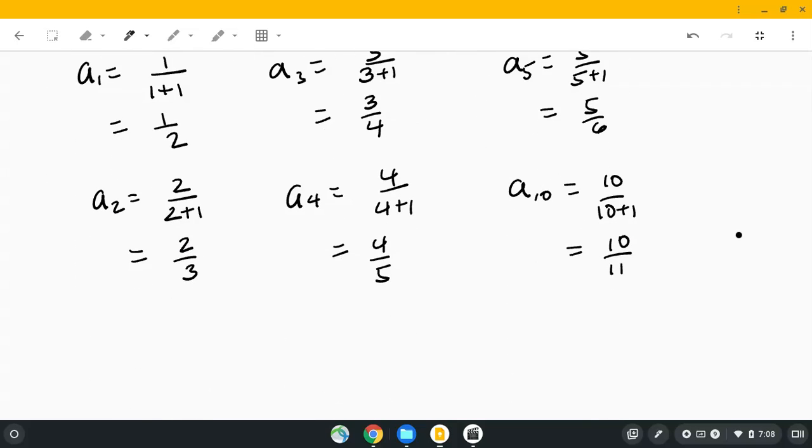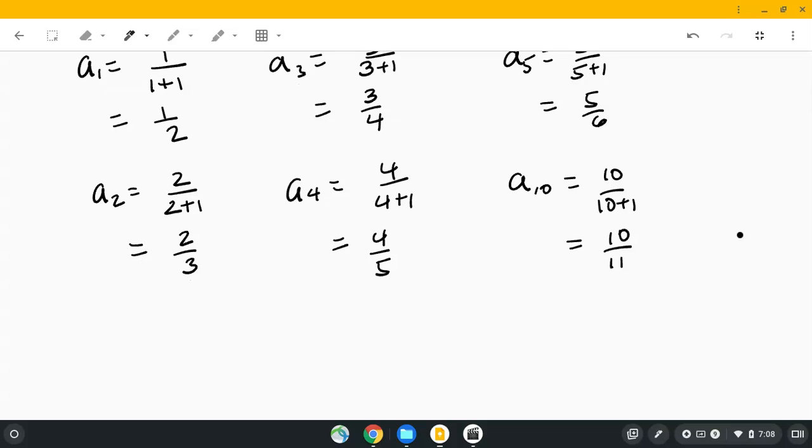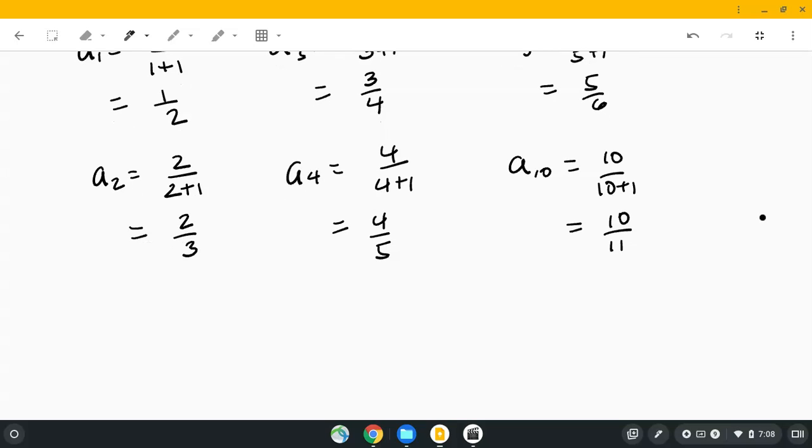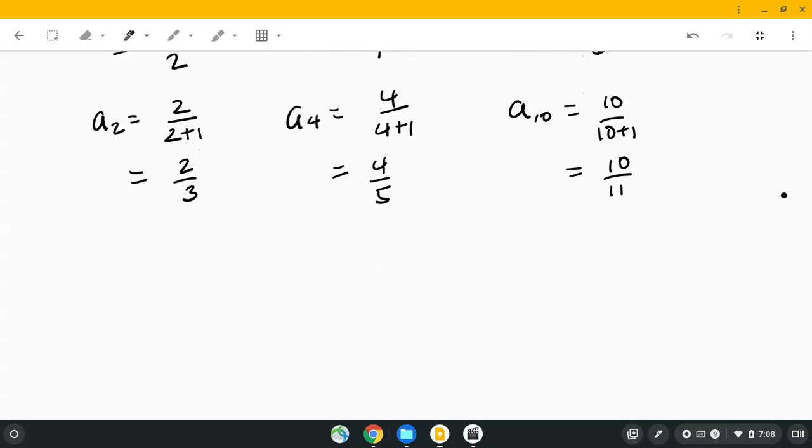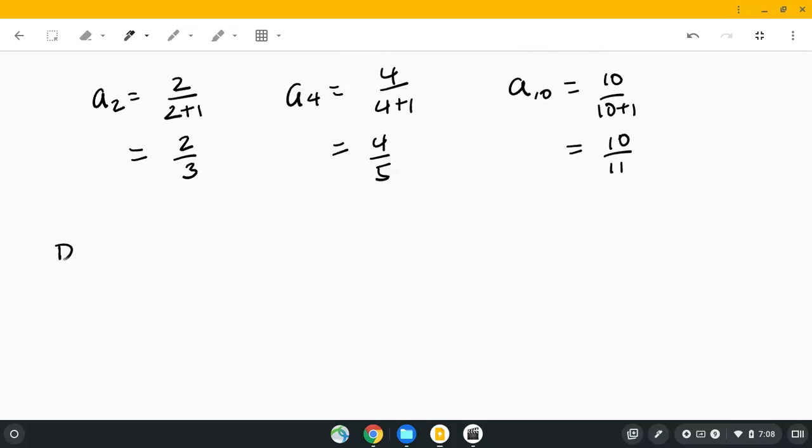Let's take a look at this next one just because I want to show you something with this negative number here. Okay, so let's take a look at this one last example for this section. Suppose that you have this for your Rn formula, negative 1 to the nth over 2 to the n.